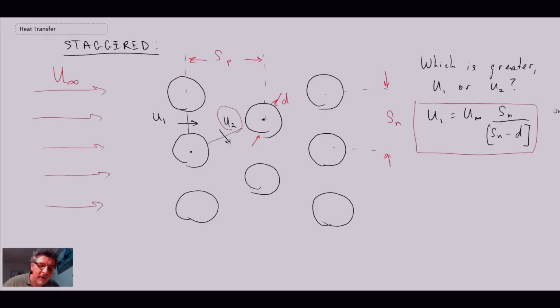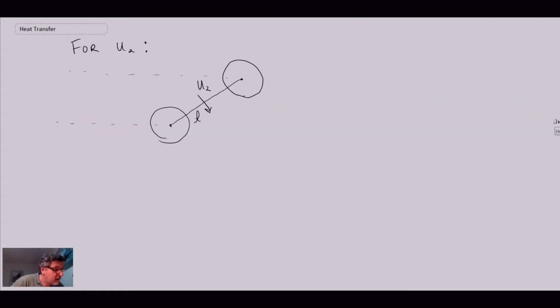And looking back at our diagram, we notice that Sn, which we have here, is the distance from this center to that center. And so if we look at the distance from this tube center, that distance there is going to be Sn divided by 2. So we will use this in our drawing here.